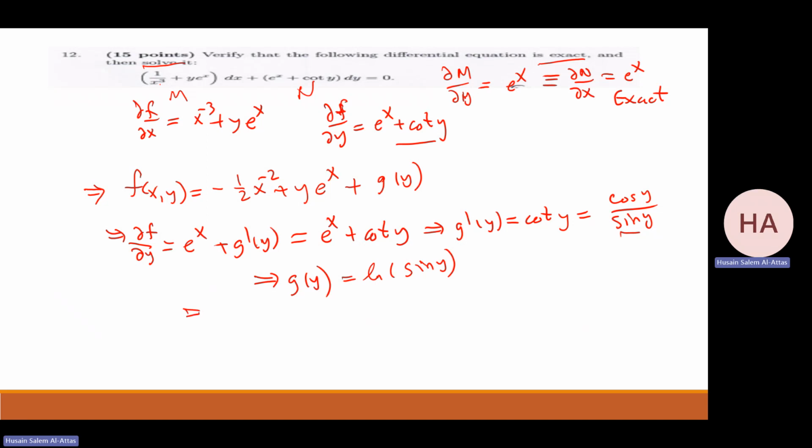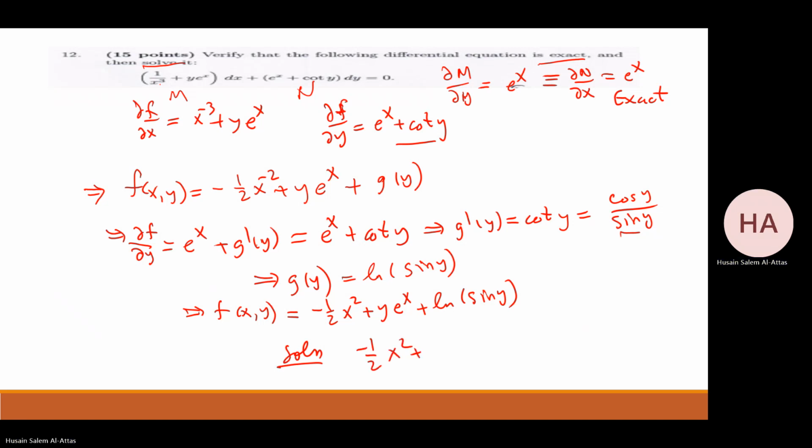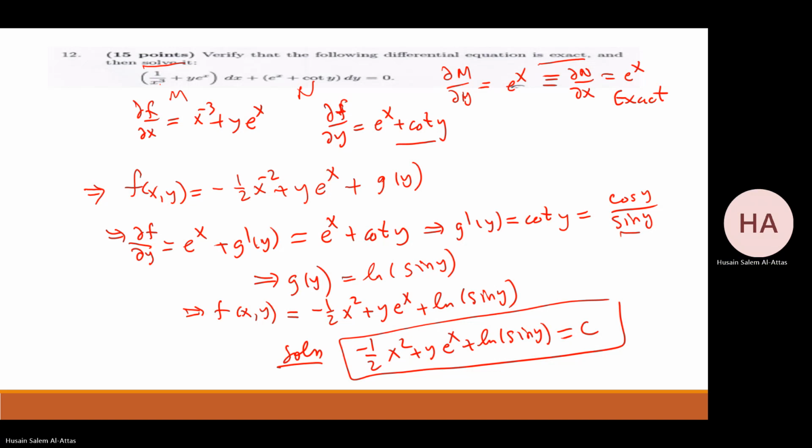Okay, so f of x and y will be minus half x squared plus y e to the x plus ln sine y. What will be my solution? This f equal to c. That will be my answer.